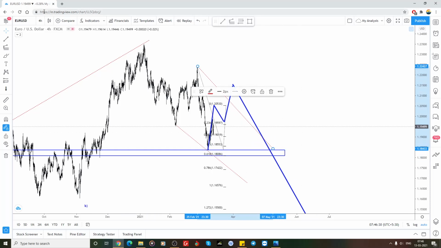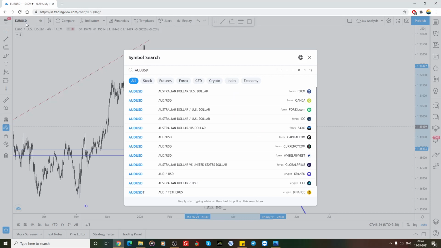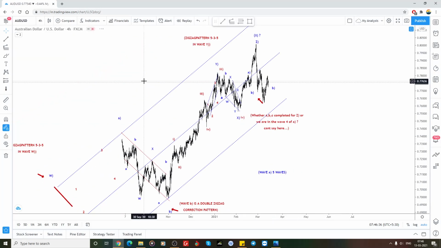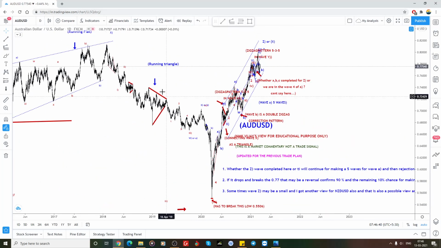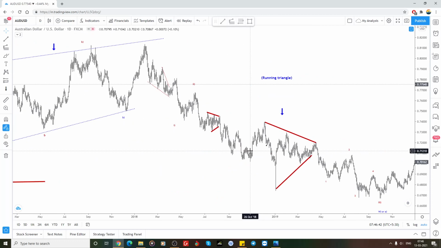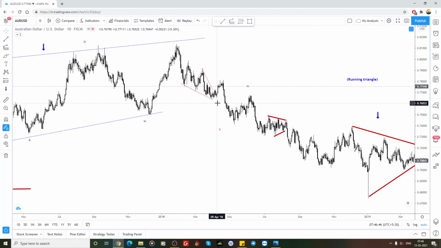And this pattern remains in AUD USD in the previous. I will show you that here. This kind of pattern I'm expecting. So now we finished this wave, and here also we finished this third.